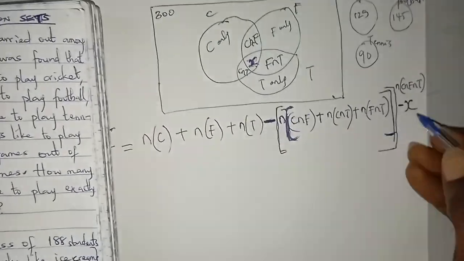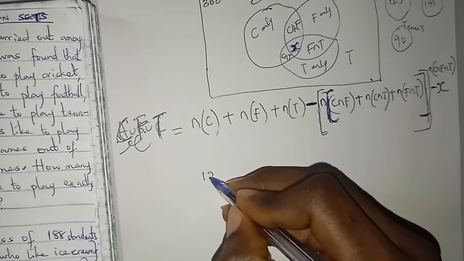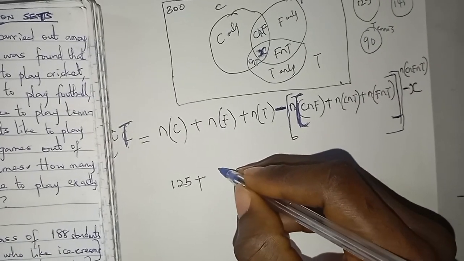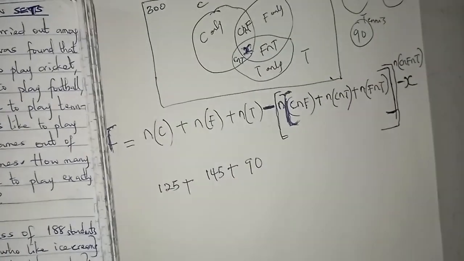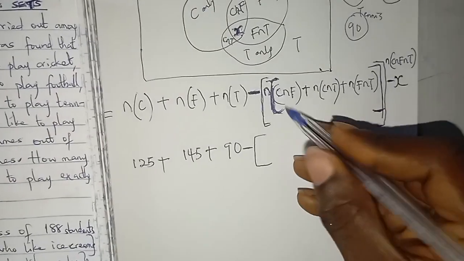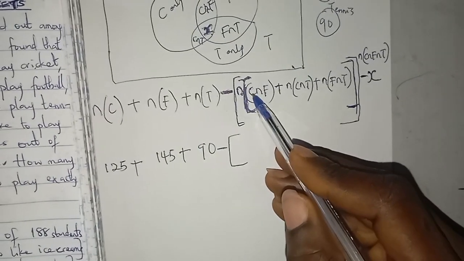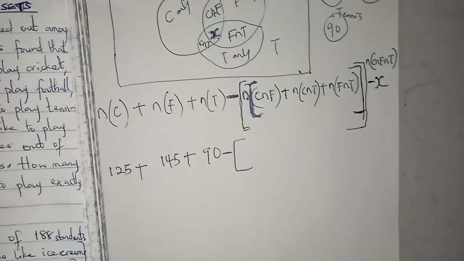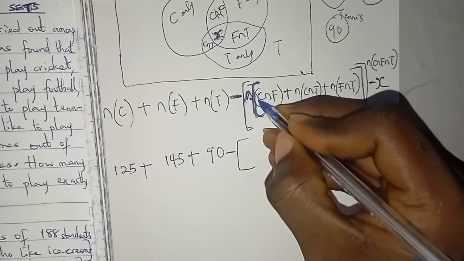So you see that I was given this to be 125, this to be 145, this to be 90. So all minus everything here. Now let's sum up what I have here. Notice that I have here any combination C, combination F. The way I wrote this thing, somebody might get confused. This any outside, this thing is supposed to be here.